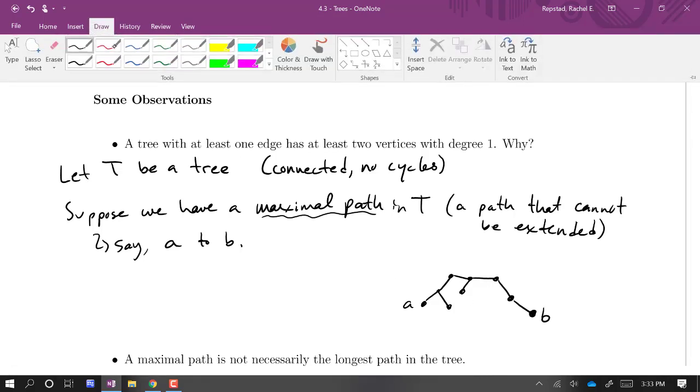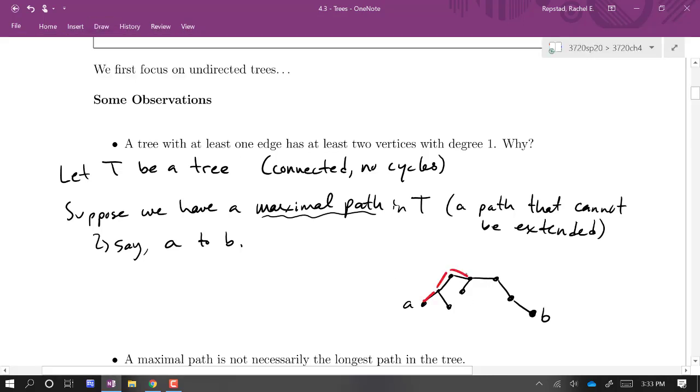And this path that we have now, this is maximal, meaning it can't be extended on the A side, so there's no edge leading out of A. It can't be extended on the B side, there's no edge leading out of B. If that is a maximal path, then the degree of A has to be 1, and the degree of B also has to be 1. If the degrees of A or B were anything other than 1, then the path wouldn't be maximal because we'd have a way to continue the path.